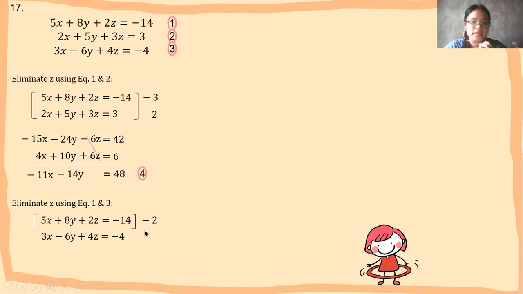So 5x times negative 2, we have negative 10x. 8y times negative 2, we have negative 16y. 2z times negative 2 is equal to negative 4z. Negative 14 times negative 2, we have positive 28. Then copy the equation number 3. So as you can see, we have negative 4z plus 4z here.